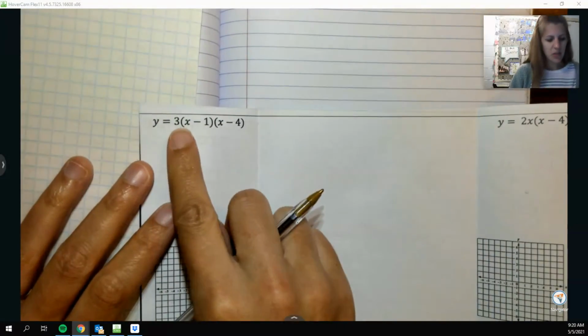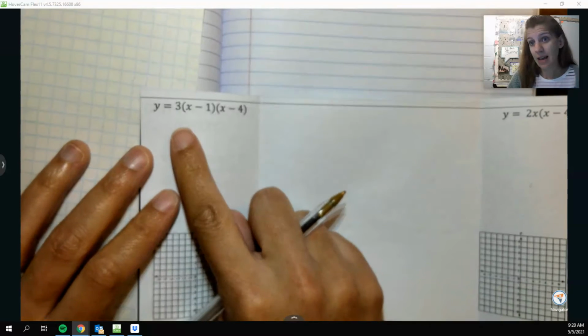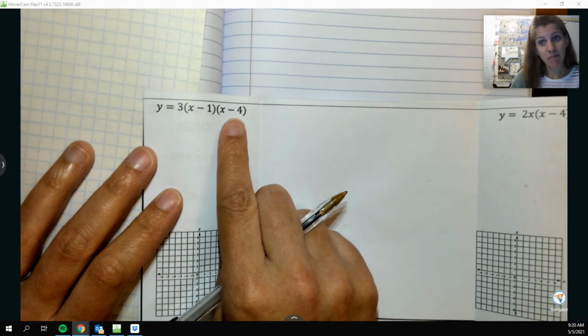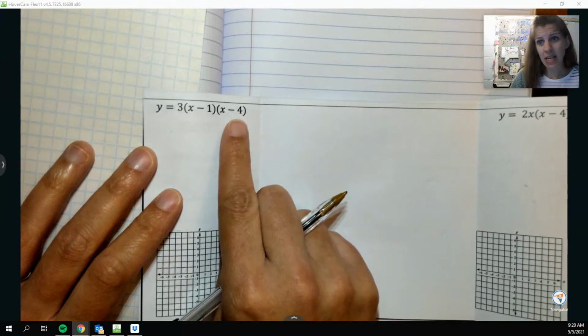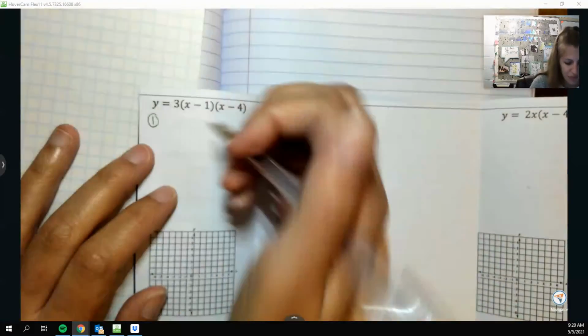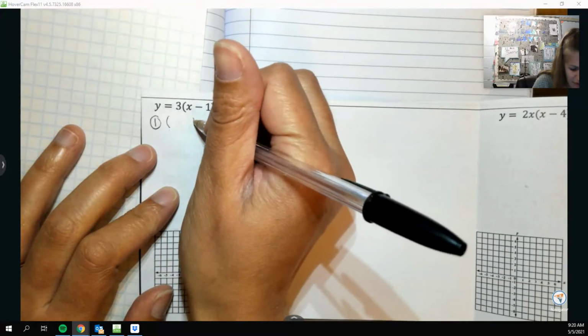Okay, so starting with this one here, I can tell that I am in factored form because I have 2 sets of parentheses. I can also tell because I have two x's and neither of them are x squareds. So the first thing that we always look for are our x-intercepts. And there are two of them.